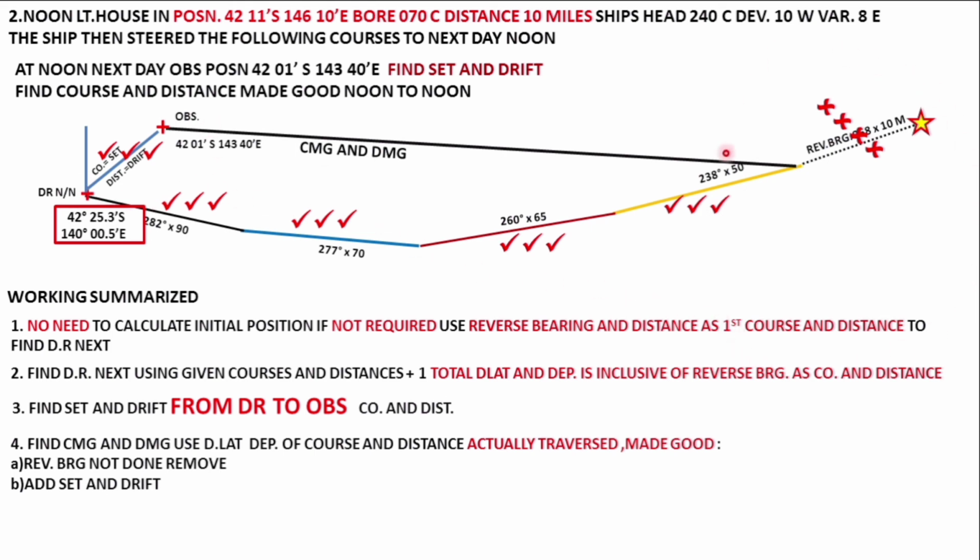So what we did, we removed what we calculated for reverse and added up the course and distance of the drift and got the total DLAT departure. Using the formula, we got final course and distance.